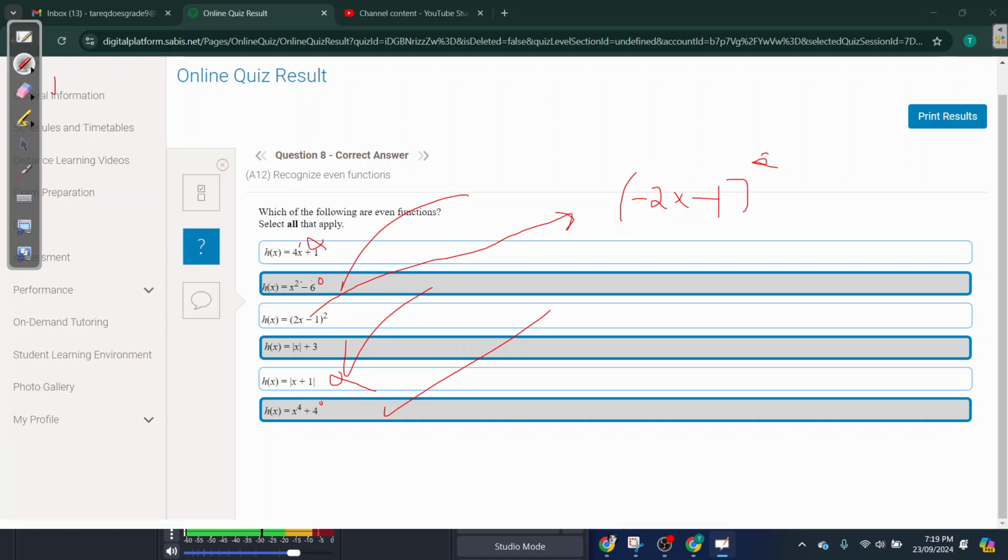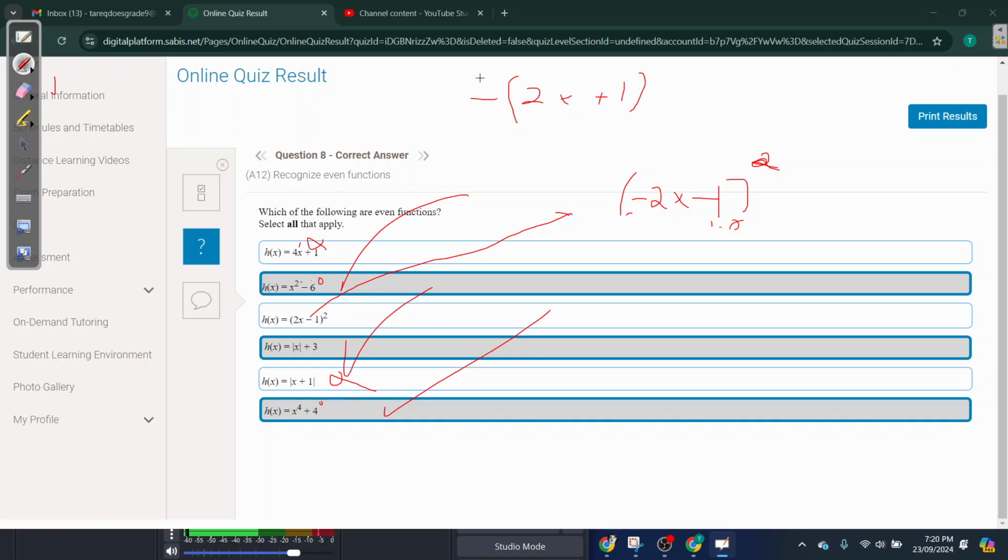Now immediately you can tell this isn't going to be correct. Factor out the negative. Let me just draw this in a better way. You want to factor out the minus.